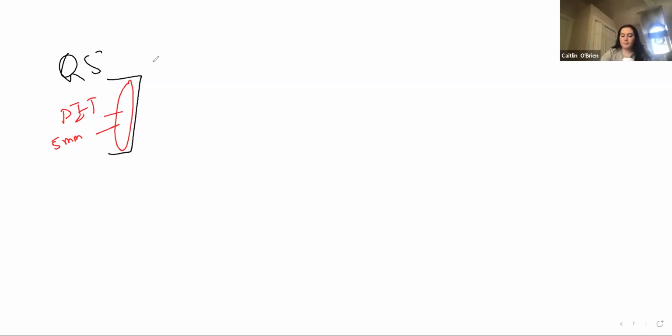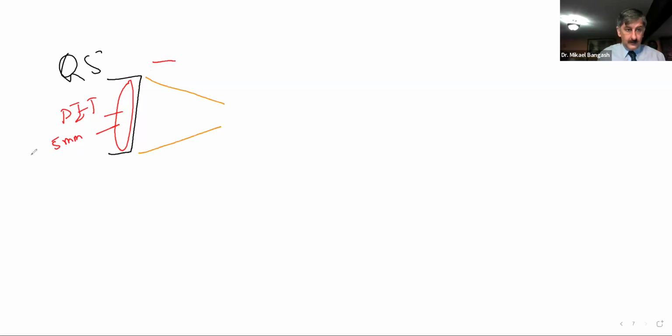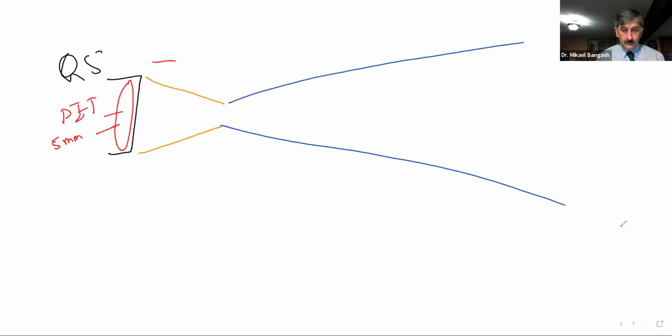So the question they mainly ask is, at which point in this sound beam is the diameter of the beam going to be 3 times that of the transducer, which in this instance, 5 millimeters being a number we took ourselves, would be 15 millimeters.